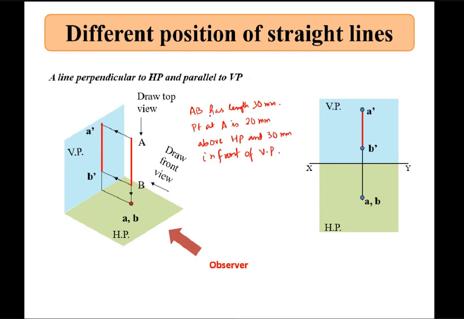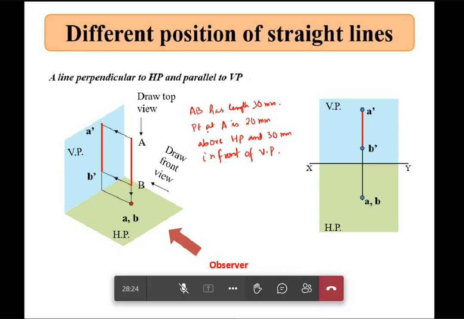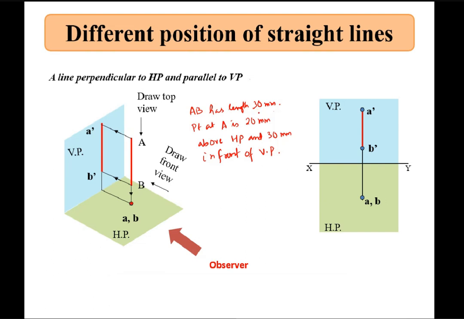AB has length 30 mm. Say I increase it: point A is 80 mm above HP and 30 mm in front of VP. AB has length 30 mm, point A is 80 mm above HP and 30 mm in front of VP.